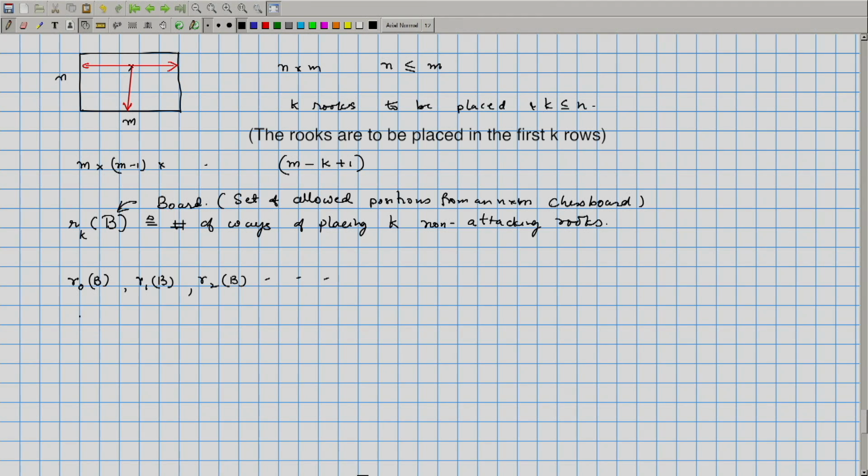The generating function for Rkb, k greater than or equal to 0, is called the Rook polynomial.